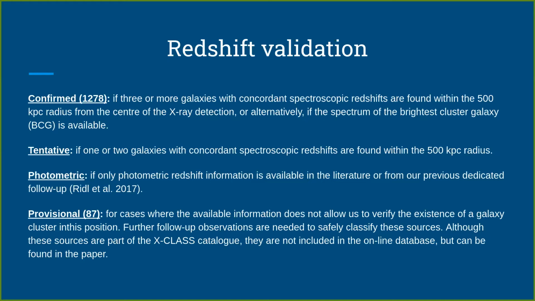The confirmed ones, which are most of our clusters, are those with 3 or more galaxies with concordant spectroscopic redshift within a 500 kiloparsec radius from the center of the X-ray emission. The tentative category has 1 or 2 galaxies in this radius. Photometric is if only photometric redshift information is available. And a few sources, 87 actually, we call provisional because we are not yet sure if they are true clusters or spurious detections or AGNs.